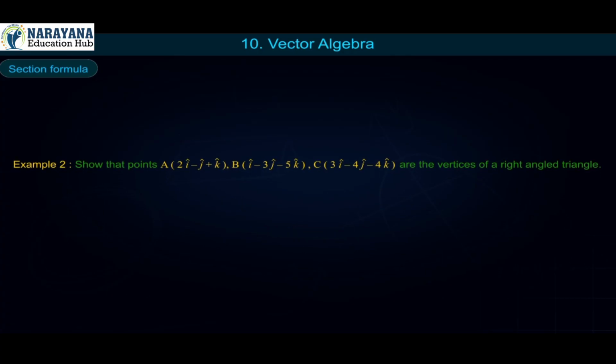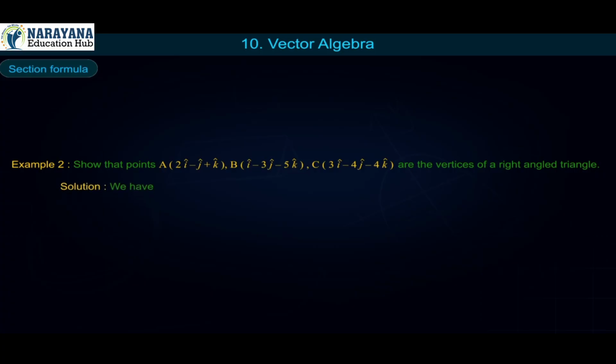Example 2. Show that the points A (2i cap − j cap + k cap), B (i cap − 3j cap − 5k cap), and C (3i cap − 4j cap − 4k cap) are the vertices of a right-angled triangle.